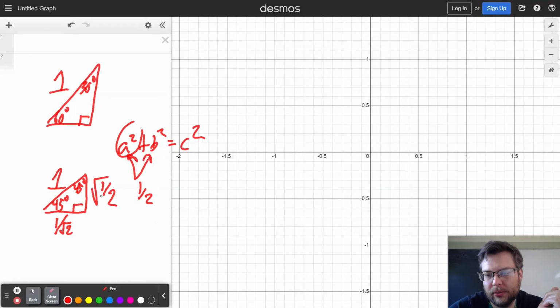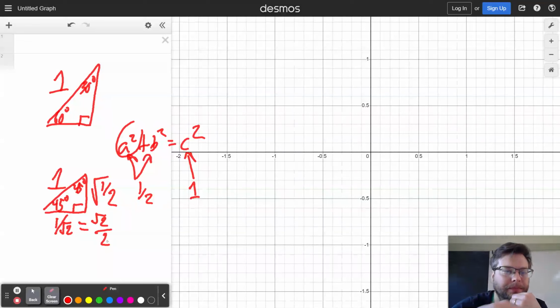So that's why I wrote the square root of half. And the reason they each need to equal a half is because this is equal to 1. Okay? Square root of a half is the same as the square root of 1 over 2. And sometimes you'll also see the square root of 2 over 2. Those are all three the same number.